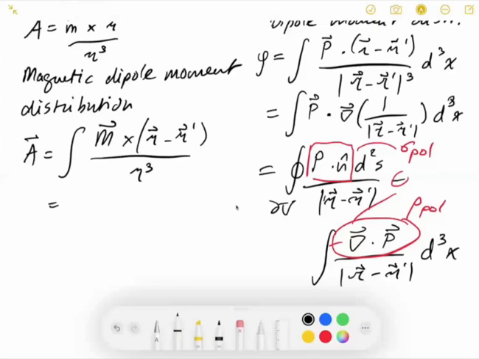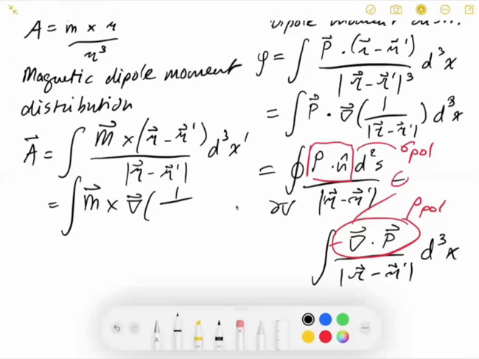There's an integral here, dx prime. Let's write that out correctly: that's r vector minus r prime. And now we are again saying, okay, this is m crossed with the gradient of 1 over r minus r prime, integrated over the volume.